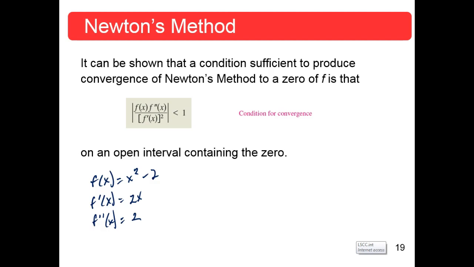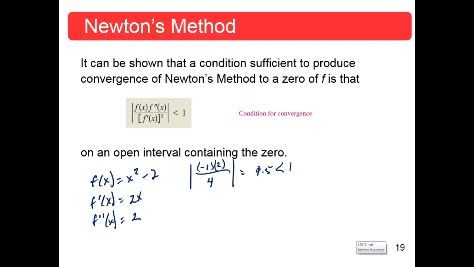If we plug in a 1 here, the absolute value of f of 1, which is minus 1, times 2, divided by, when you put a 1 in there, you get a 2, and 2 squared is 4. This would be 1/2, which is less than 1. And it worked for us, if you remember.